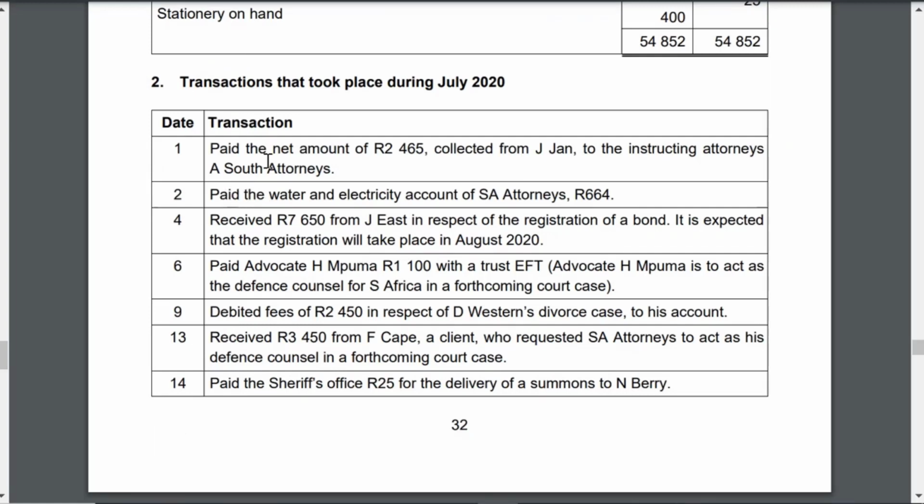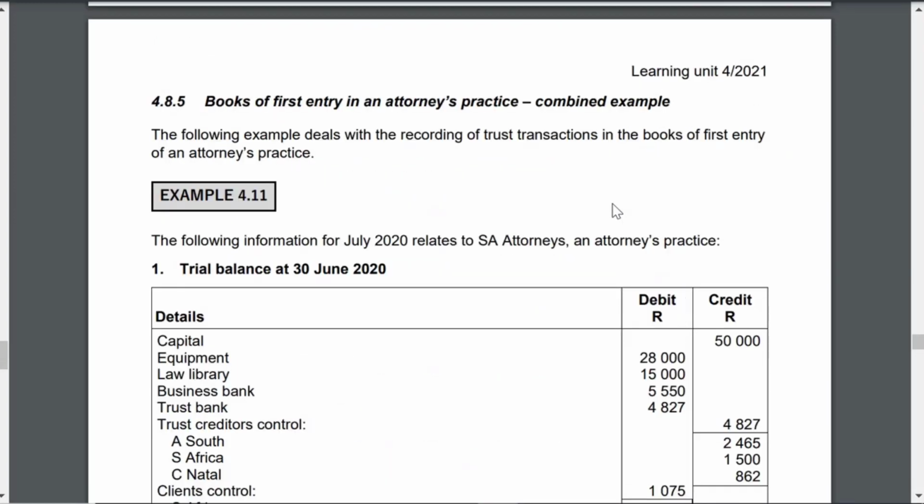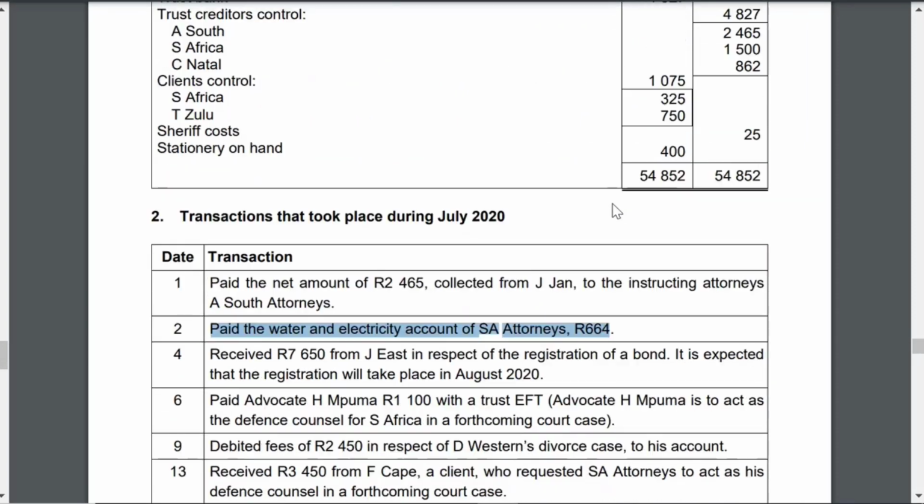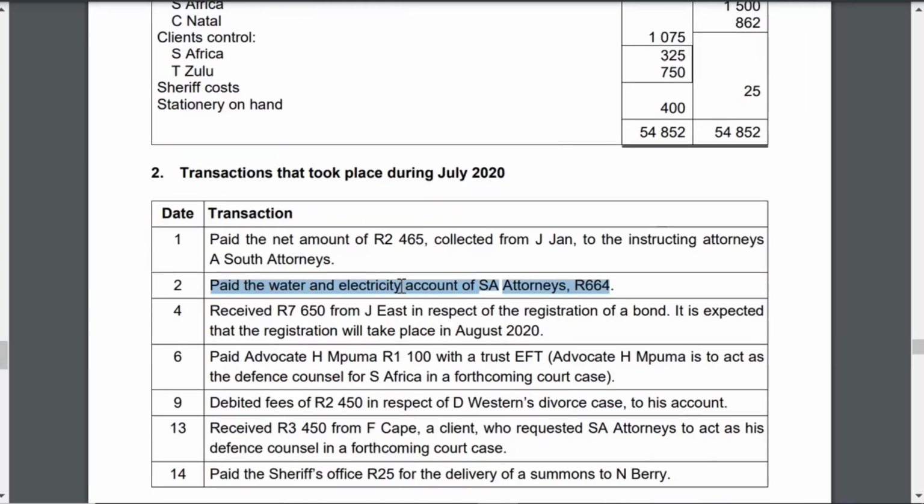Number two, paid water and electricity account of SA attorneys. So guys, where would you record number two? SA attorneys paid water and electricity for their business for 664.